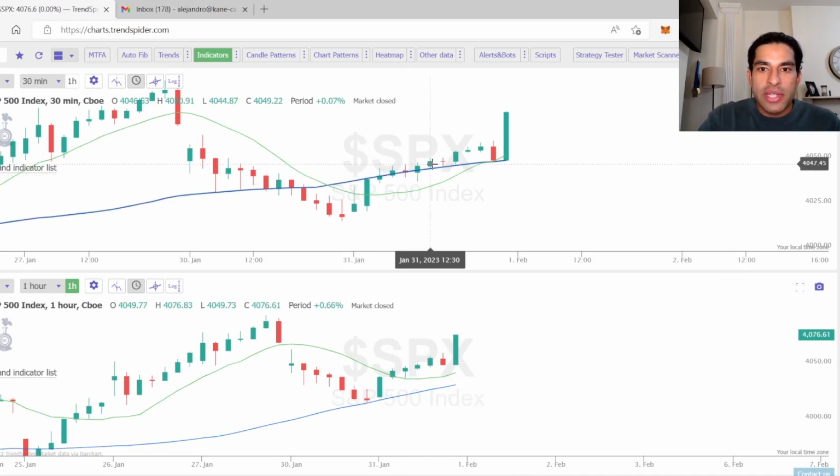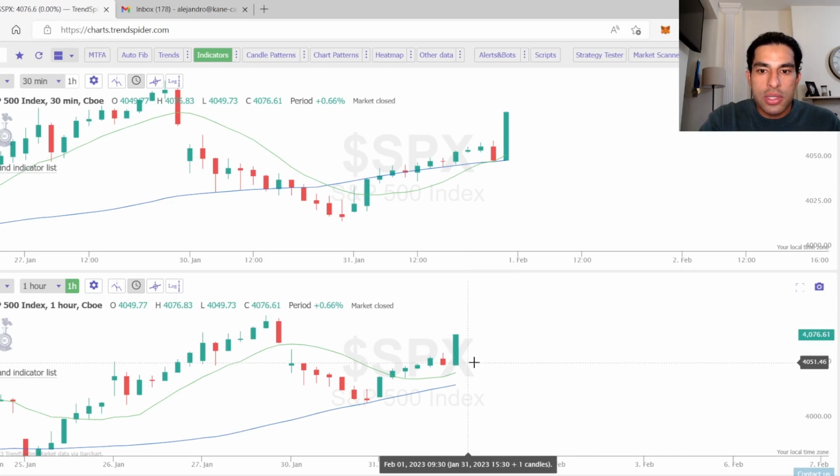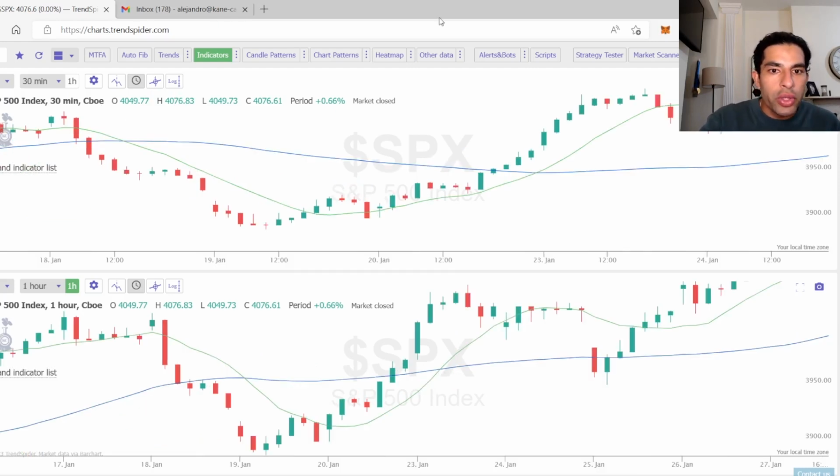We reclaim the 50 SMA on the 30-minute chart, followed by a buy signal and a massive green candle into the close. And those are the types of moves that I look for when both charts, again, are telling the same story. Here are two really good examples of the powerful results that we can see when both the 30-minute chart and the hourly chart are telling the same story.